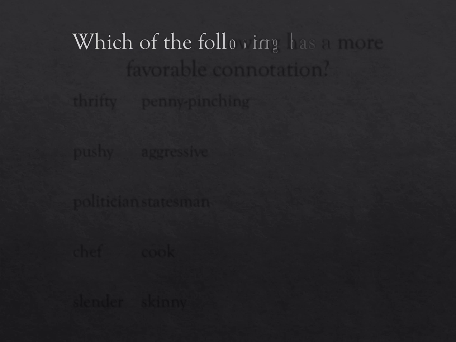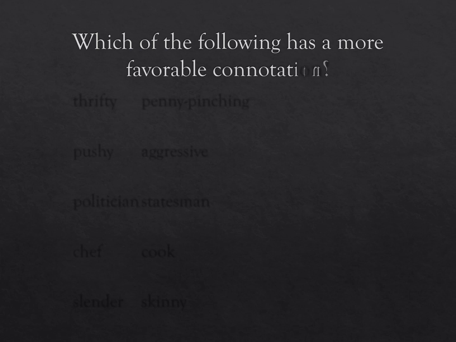Now, let us have an exercise. Let us try to identify which of the following has a more favorable connotation. Again, connotation is the meaning of the word as to how they are used in context, or how they are used inside the text or in a line or stanza.